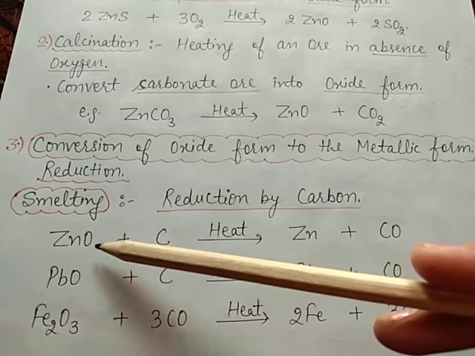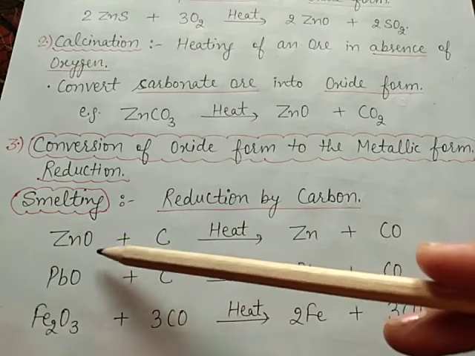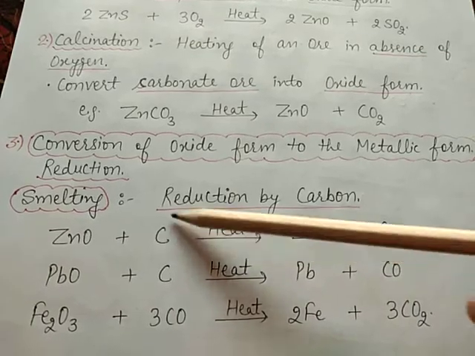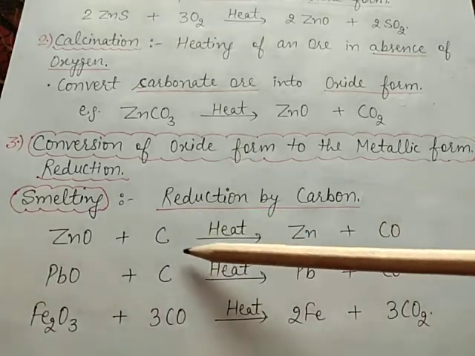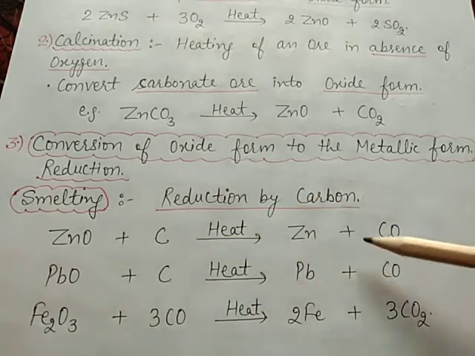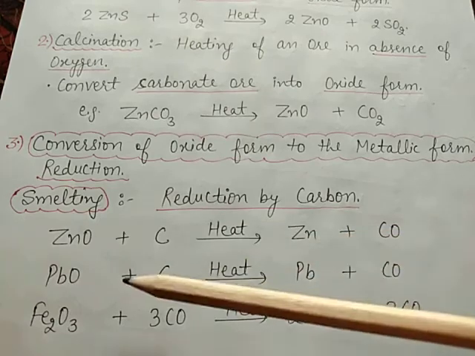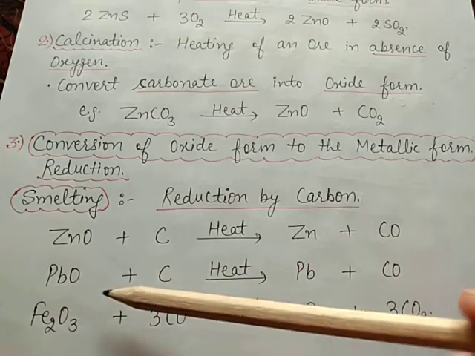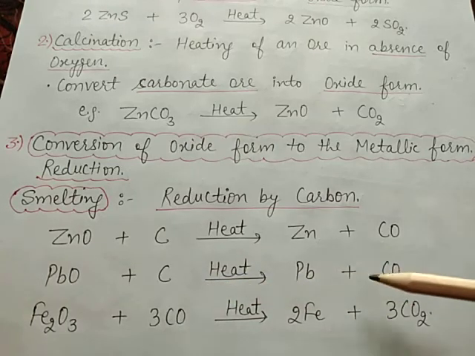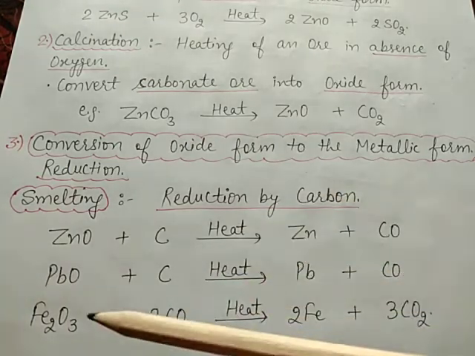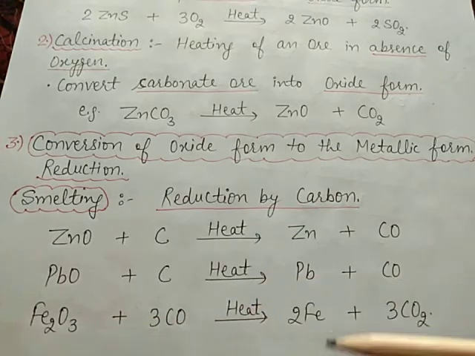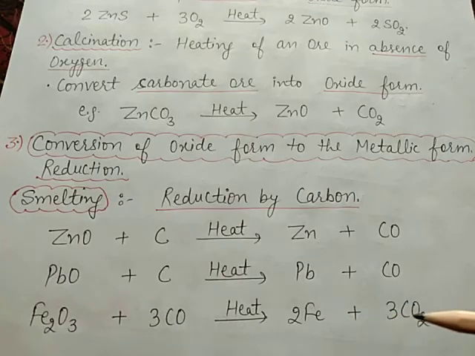So the oxides, means ZnO, zinc oxide, after reacting with carbon, means it is reduced by carbon. After heating, it will be converted into zinc metal plus CO. Same in this case, PbO, lead oxide, after reacting with carbon, will form Pb plus CO. And Fe2O3 plus 3CO, after heating, will be converted into Fe plus 3CO2.